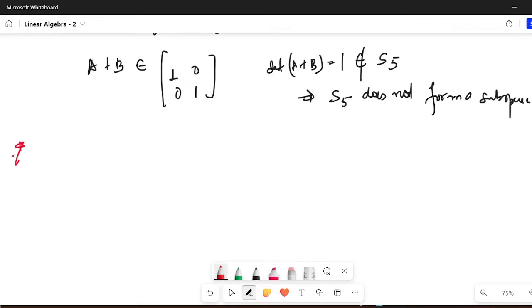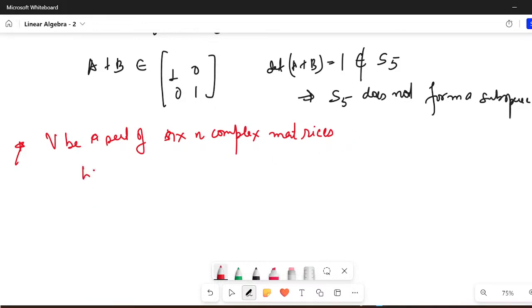The first note is that if we are considering V to be a set of n cross n complex matrices, with usual matrix addition and scalar multiplication, and let's say W be the set of all Hermitian matrices of order n. Now this particular W forms a vector space.